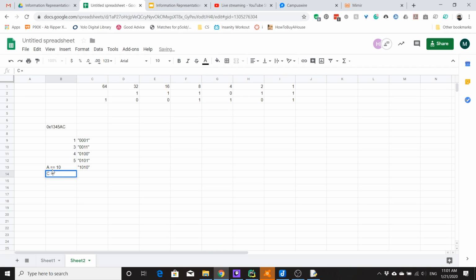C is, what's its decimal value first? 12, right? And then its binary value is going to be 1 eight, 1 four, no 2s, no 1s. So if you write these guys all out side by side, that gives you the binary value. Any questions here?